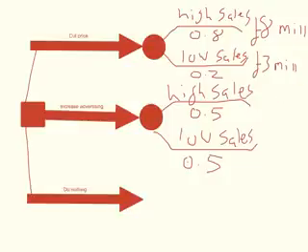And this needs to be done also for the second option of increase advertising. So there's a 50% chance that high sales will occur, so there's a 50% chance that revenue will increase to 10 million, but there's also a 50% chance that it might only lead to an increase in revenue of 2 million.